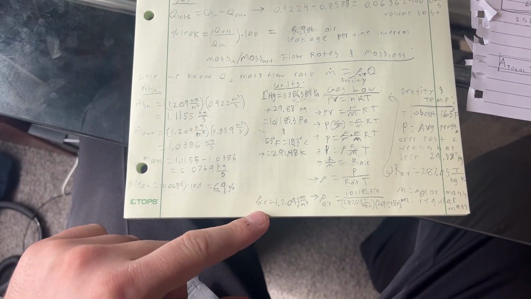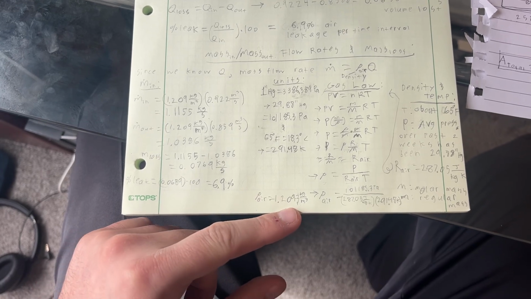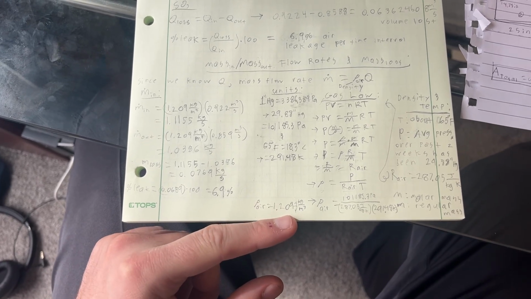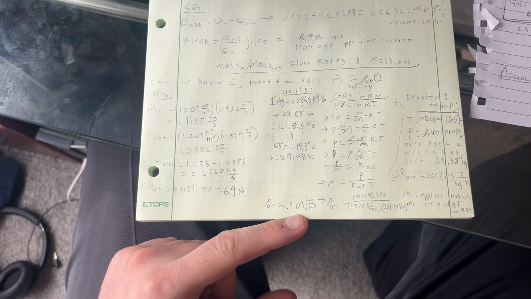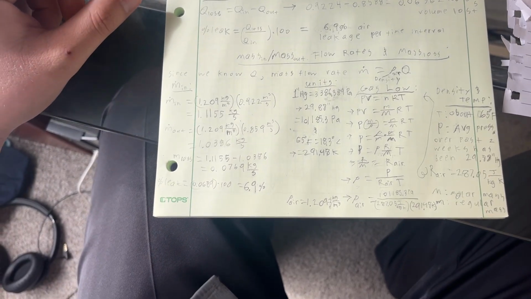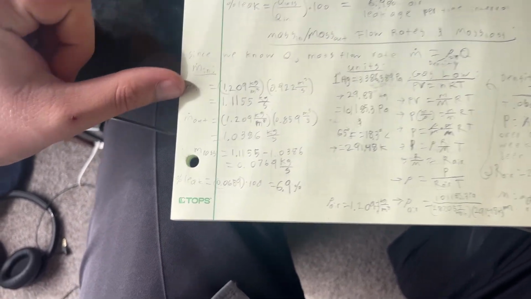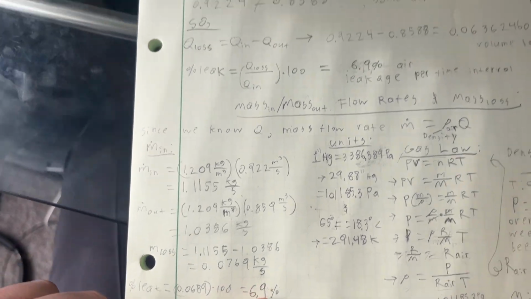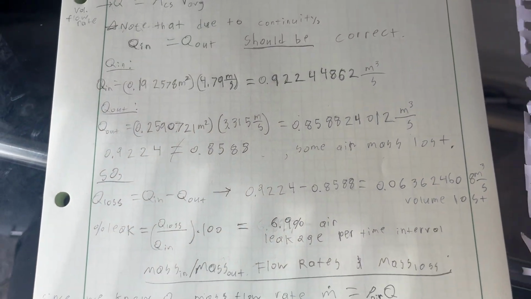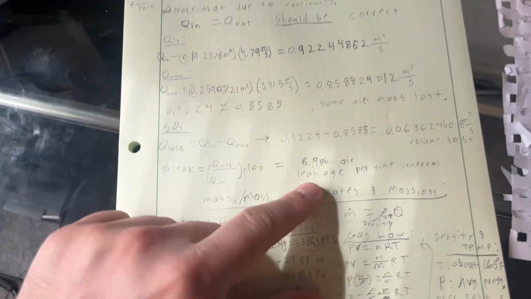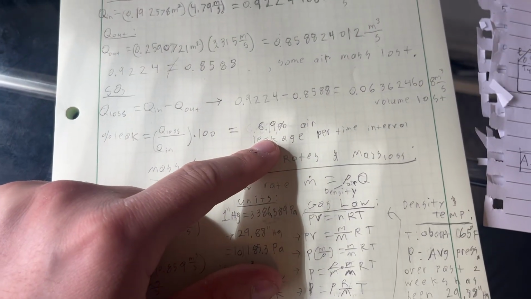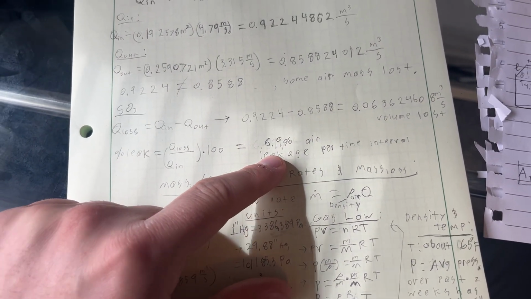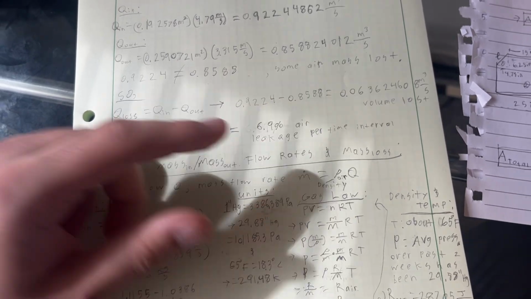So I did my calculations, got my density of the air for where I did my measurements, and then went and calculated the mass flows. Percent leak came out to 6.9%, which is the same as volumetric flow rate percent leakage.